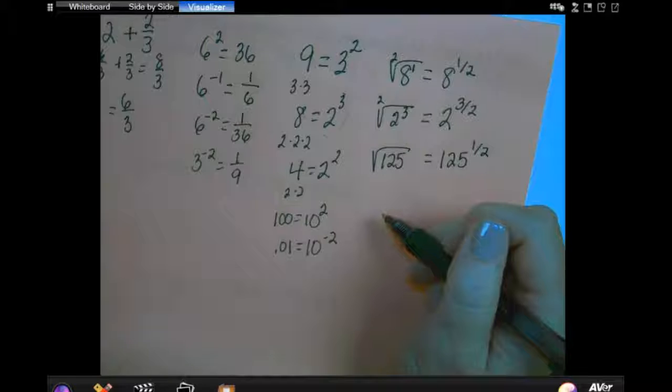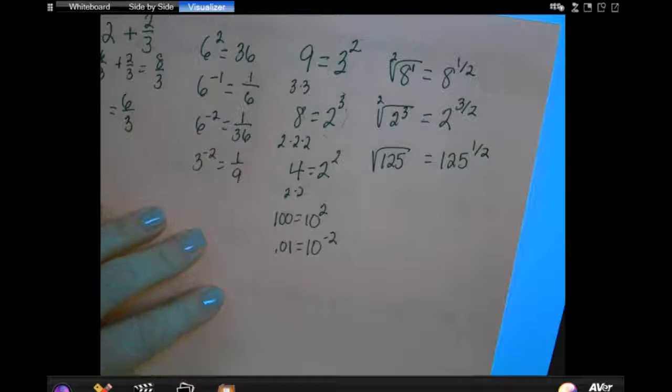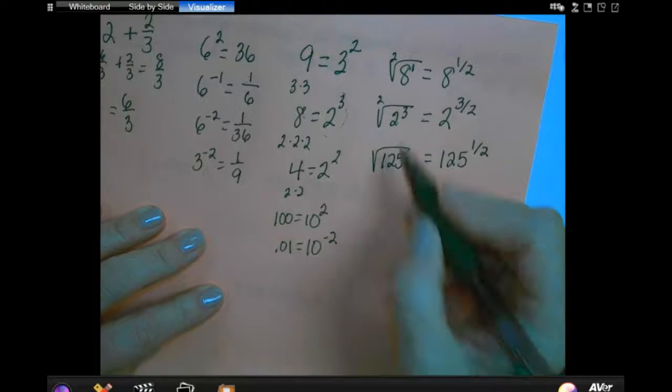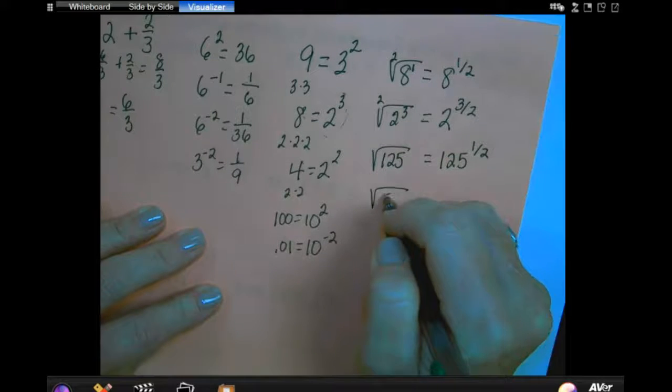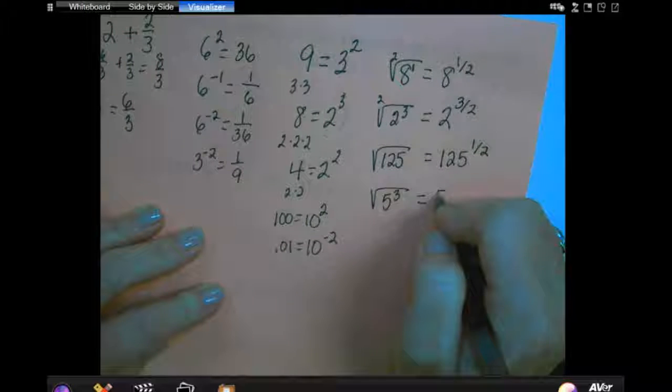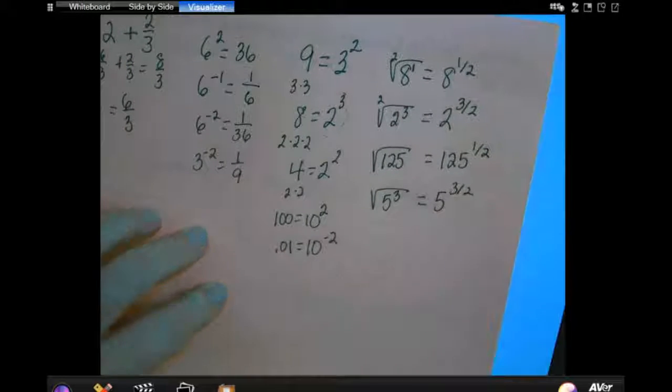Don't worry. It's all going to be fine. So, 125. So, 3 over 2 what? 5 to the 3 halves.